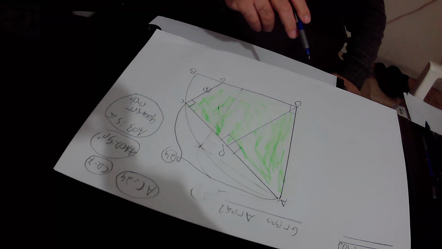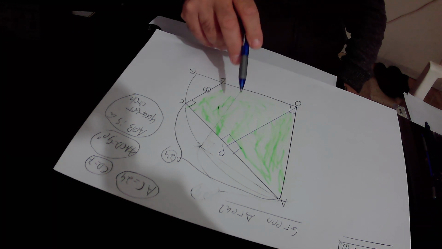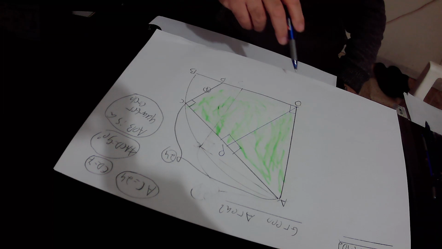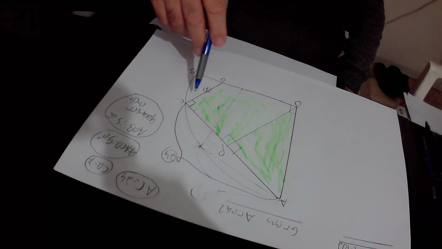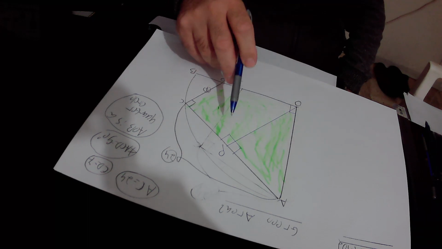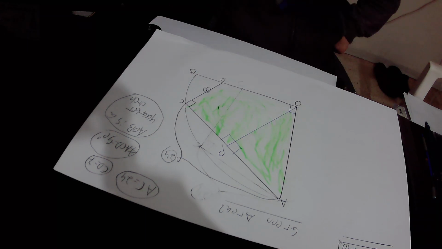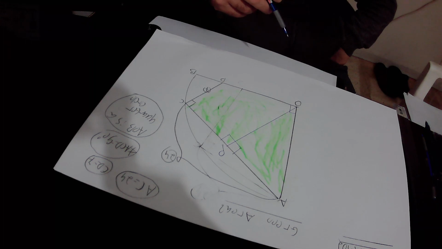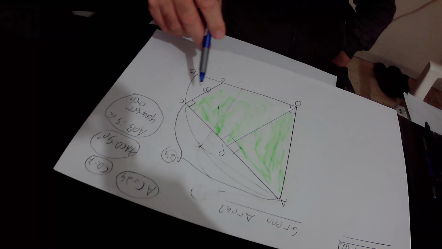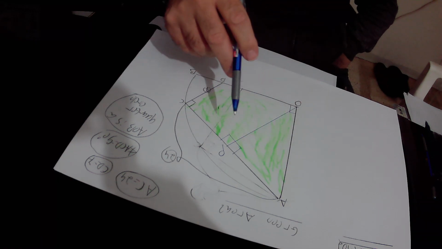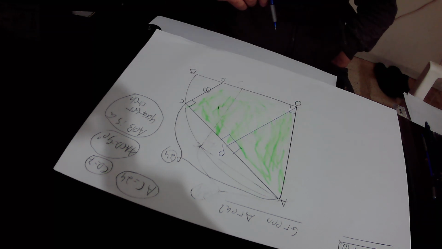So from point O we draw perpendicular OP to chord AC. OP is perpendicular to AC. That is to say this angle equals 90 degrees and this angle equals 90 degrees according to our construction. And therefore, according to rule number 11, OP will also bisect chord AC. That is to say, AP equals PC.